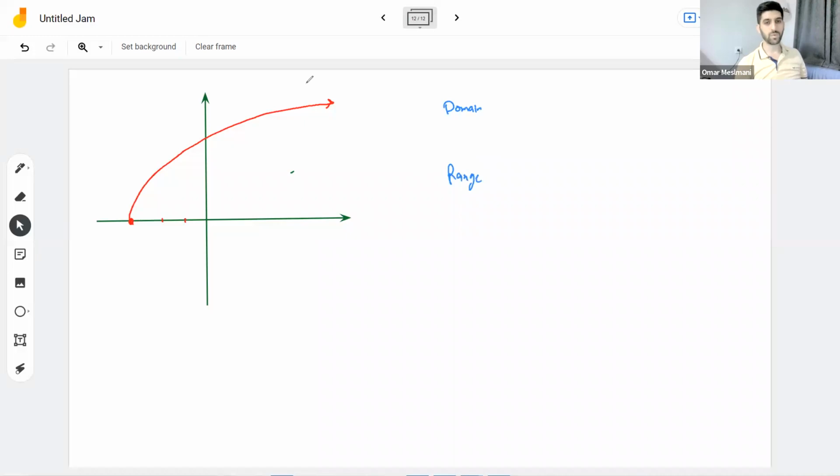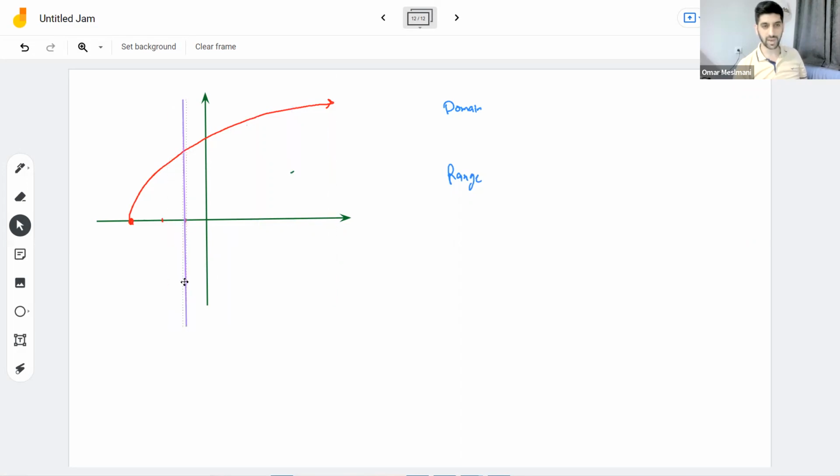Okay, one more time. I told you, if you want to find the domain, you will try to draw a parallel line to what? Parallel line to the y-axis like this. And try to think that you have to move this line over the entire x-axis and try to see where the intersection is. Okay, obviously there is an intersection, all of these.